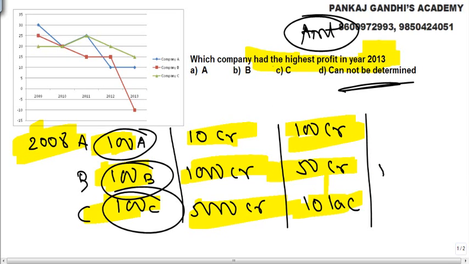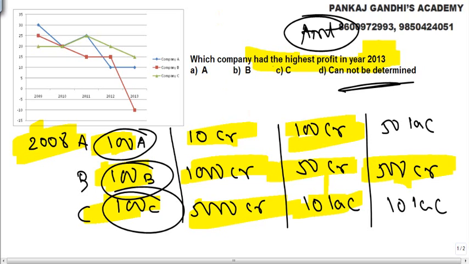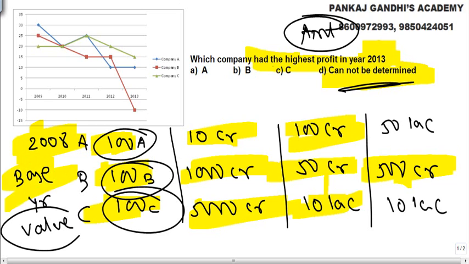If the starting is 500 crore, 50 lakh, 10 lakh, then obviously the answer will be cannot be determined for each and every one of these years, because the starting base is not known. The base year values of 2008 we don't know. Whether they are equal, less, or more, we don't know.